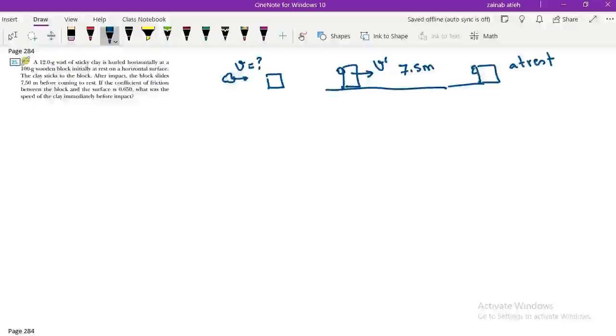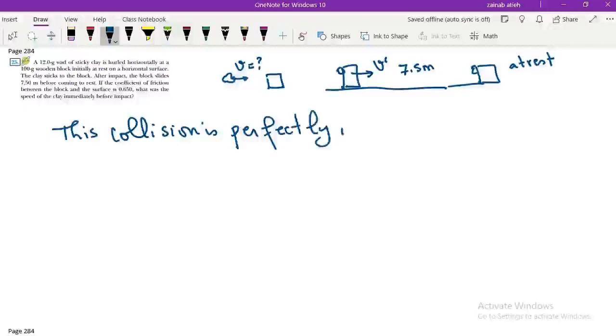So I will say that this collision is perfectly inelastic, because they stick together after collision. So let's apply. Whether the collision is elastic, perfectly inelastic, or partially inelastic, we always apply the conservation of linear momentum.